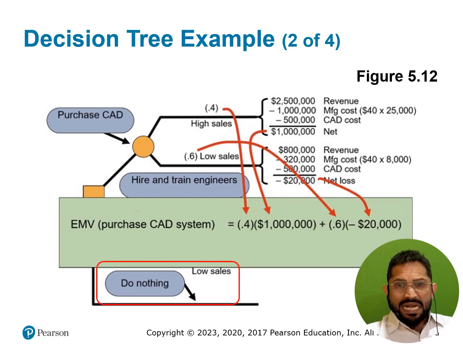The do nothing branch has only one node related to it, labeled low sales, but there's no additional information provided about the financial implications of that choice. This decision tree is emphasizing the decision-making process involving the potential purchase of the CAD system and not the alternative of doing nothing.